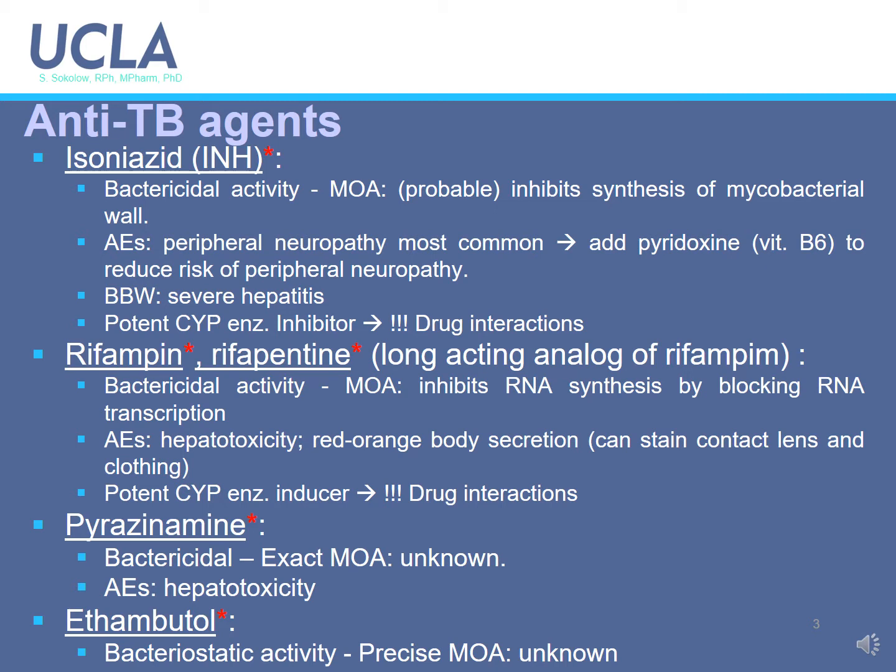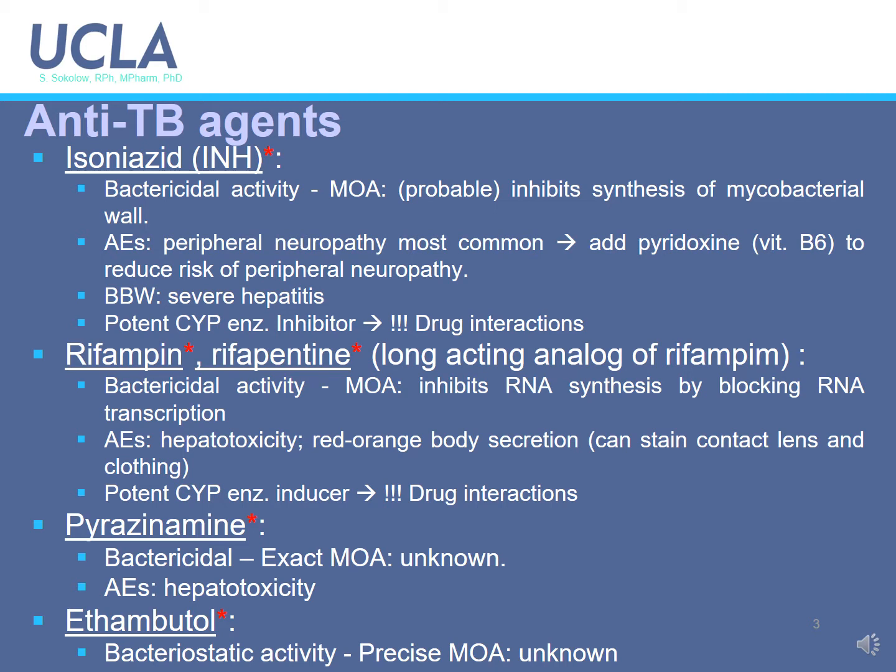The next drug is pyrazinamide. It's also a bactericidal drug, and its exact mechanism of action is unknown, but it's used for the treatment of tuberculosis. It also causes hepatotoxicity. So if you look, all those three drugs are causing liver toxicity.